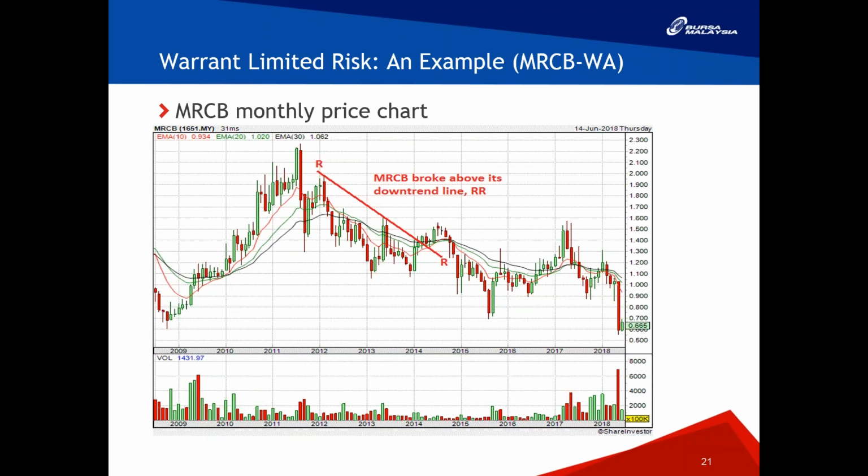Now, a lot of people were excited about this because Fateh is apparently a very enterprising businessman, and they were hoping that his entrepreneurial skill would rub off on MRCB. So right after the completion of his acquisition in MRCB, you can see that the share price broke above this downtrend line.